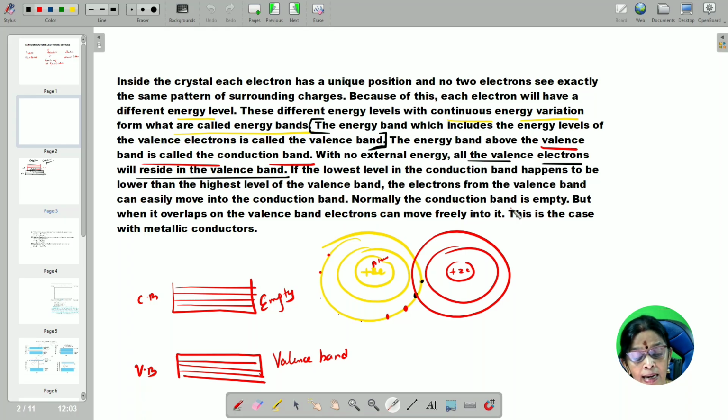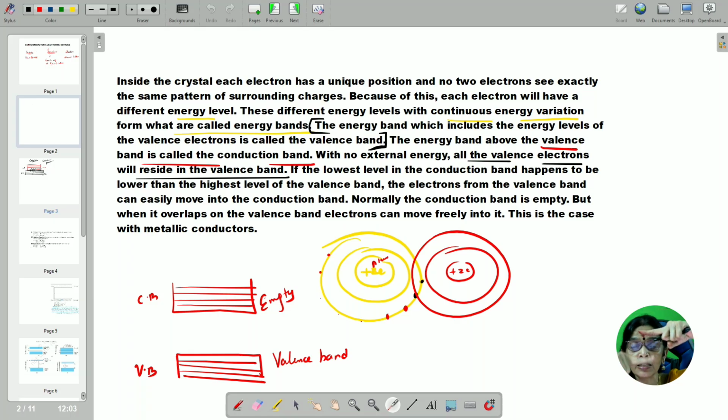Normally the conduction band is empty, but when it overlaps the valence band, electrons can move freely into it. This is the case with metallic conductors. Hope you understand, children, why metallic conductors conduct. It is very easy to understand. Electrons in the valence band easily move to the conduction band as both bands are overlapping.